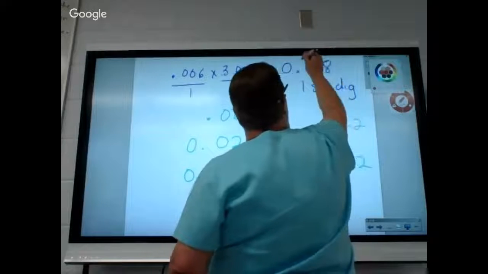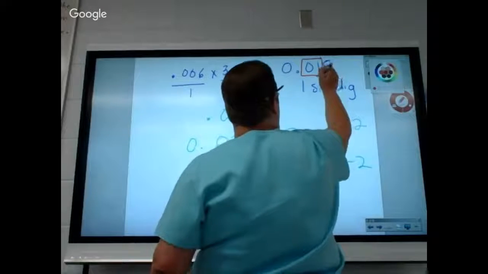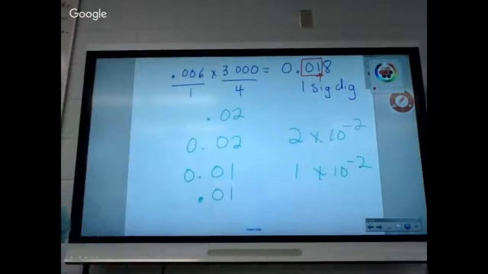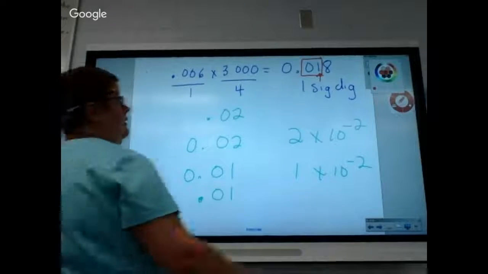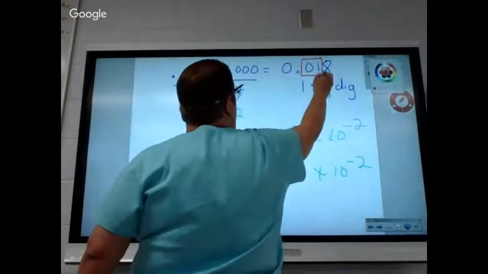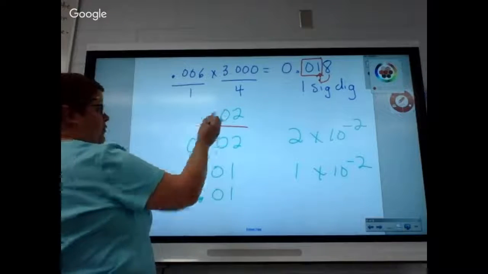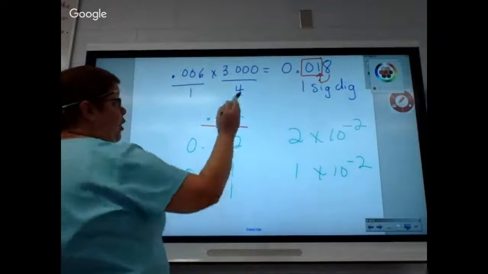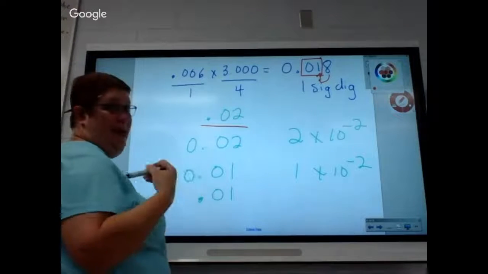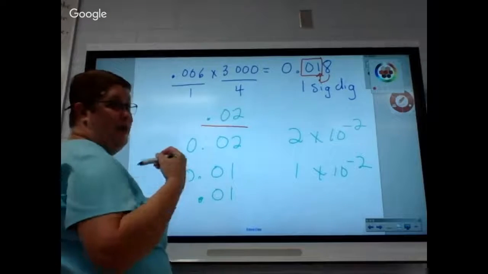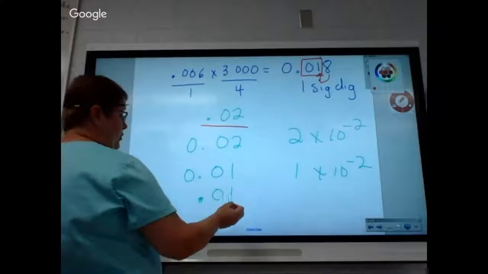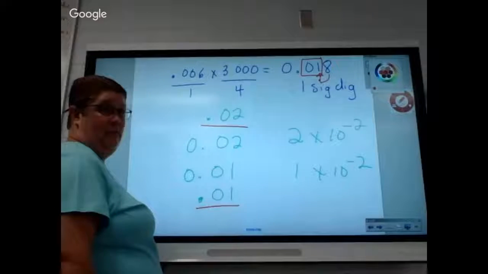This is my significant digit right there, which is why I rounded this up in my first answer. This is a placeholder, so it's not significant. So the 1, I rounded up to a 2, which is what I did initially. But I told y'all you didn't have to round, which is why I said I'd take that.